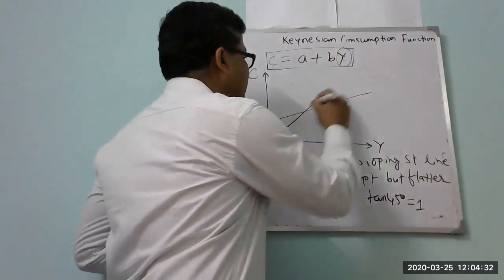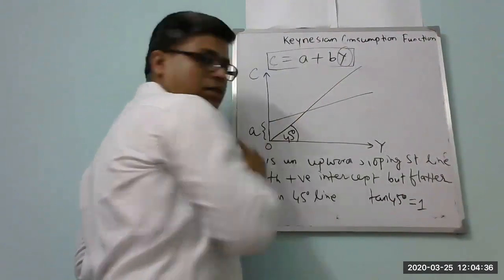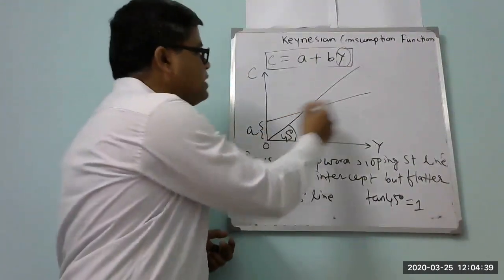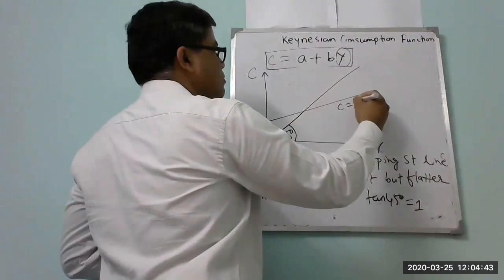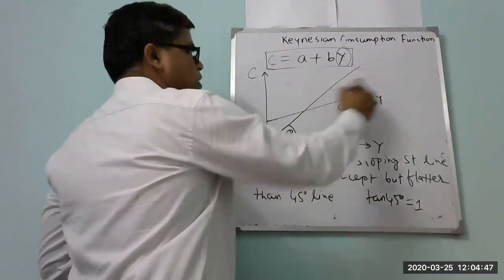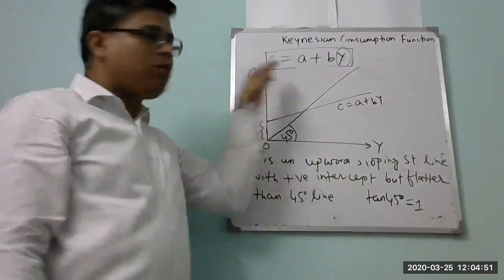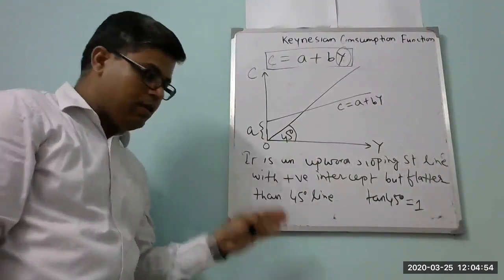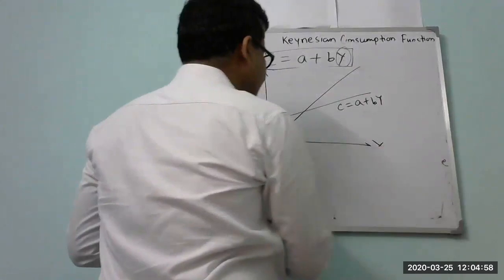If we draw the 45-degree line, you can see that this line is flatter than the 45-degree line, and this is equal to A plus BY. So this is our consumption line. I hope you understand how to draw the consumption line. That is the Keynesian consumption function.